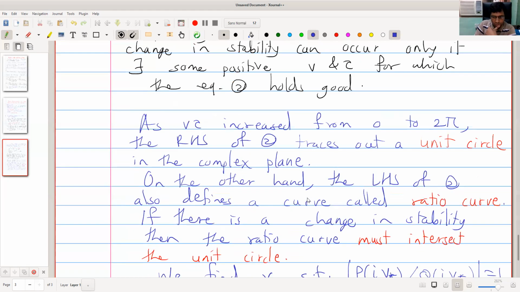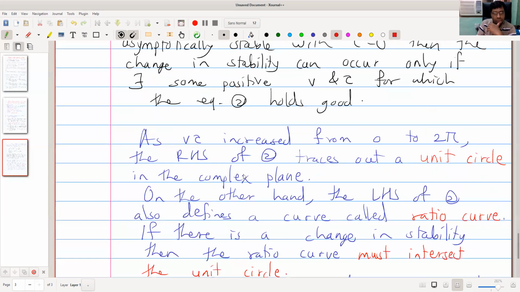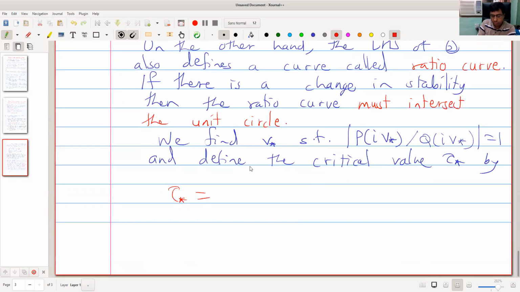Okay, so how to get tau star? Tau star equals minus 1 upon i into v star into log, meaning natural logarithm, of minus P of i v star by Q of i v star.